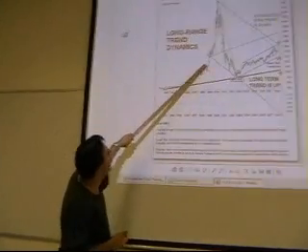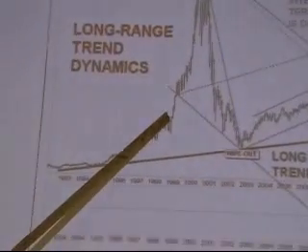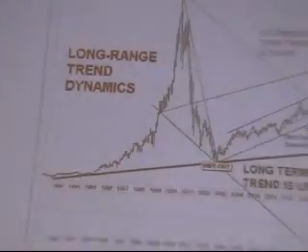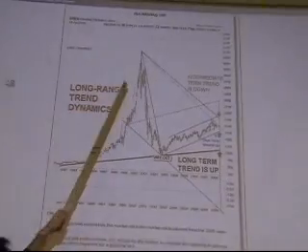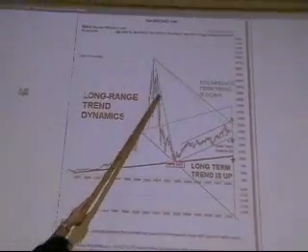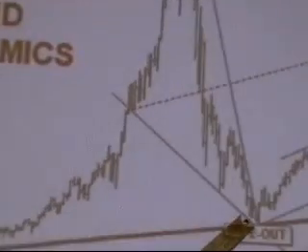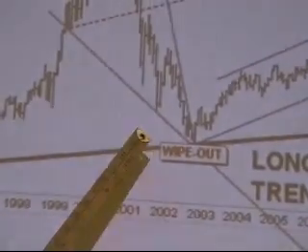You see here the bubble clearly. You see the bubble taking off. And then from here all the way to the top, clearly we call this the blow-off stage of the dot-com telecom bubble. Then you see the first major, and I mean major, leg down in the secular bear market until mid-2002.